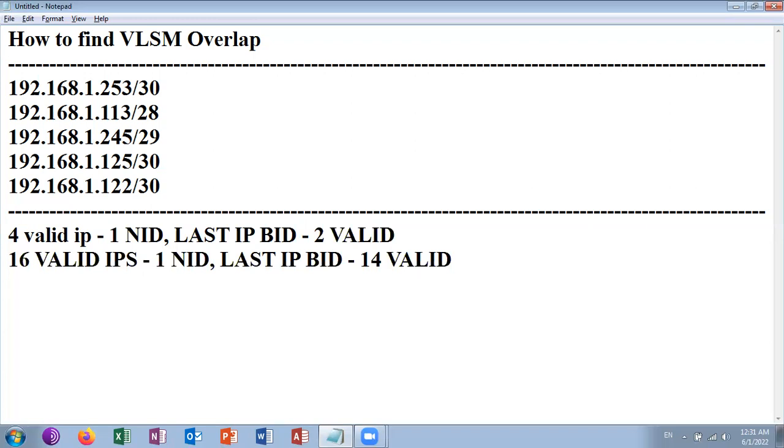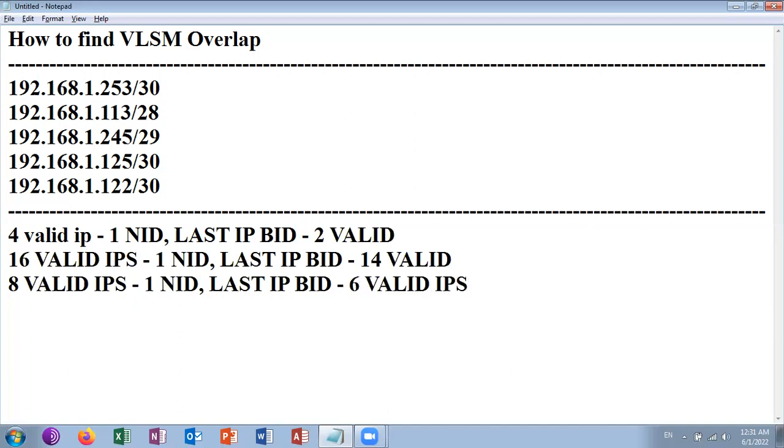A /29 subnet has 8 valid IPs. Same, the first one will be the network ID, the last will be the broadcast ID, and we have 6 valid IPs we can assign to hosts.